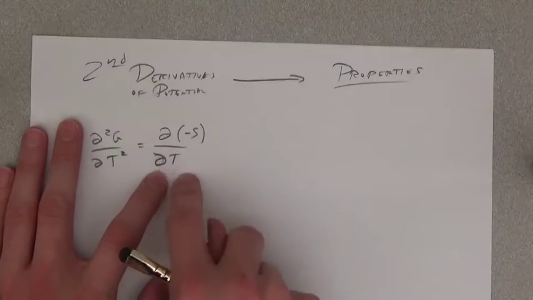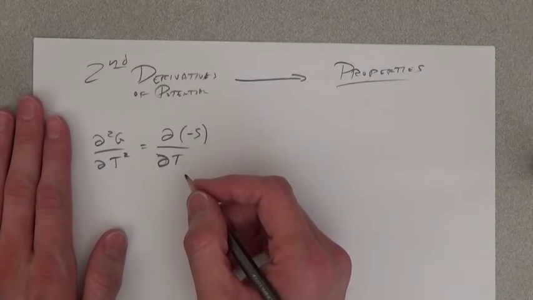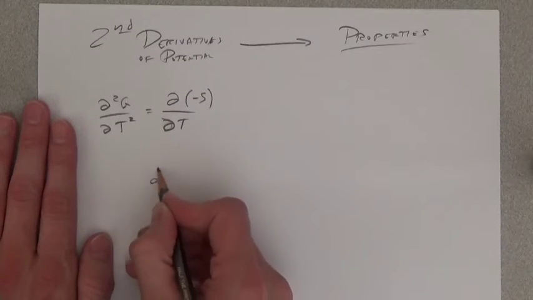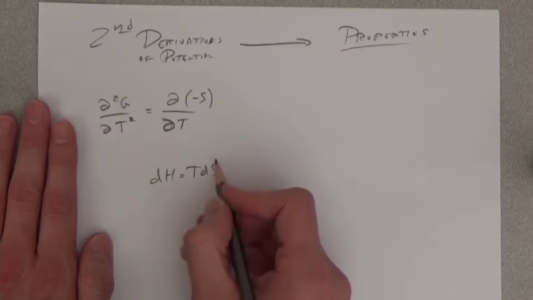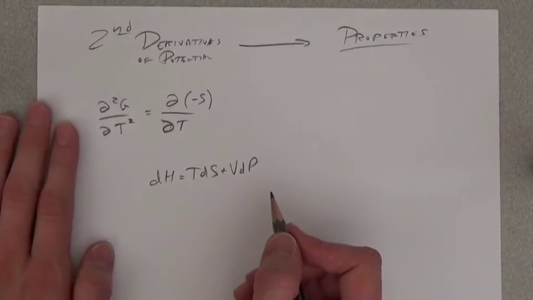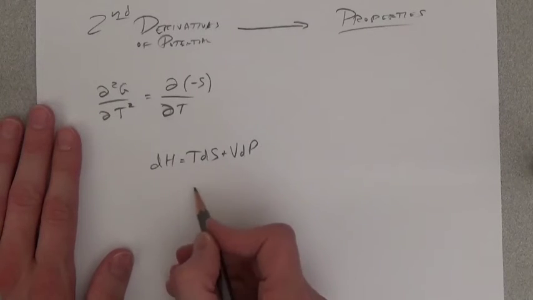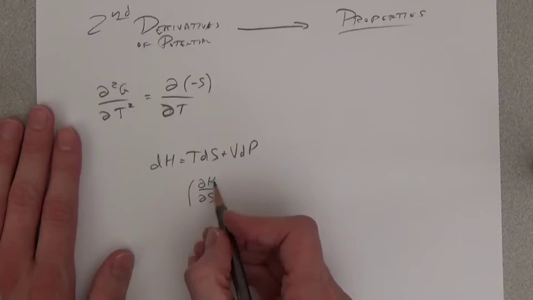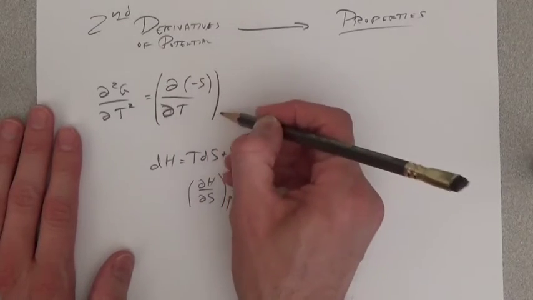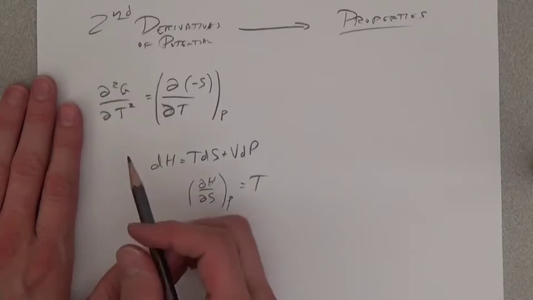So now I'm taking the derivative of negative S, and because dH is equal to T dS plus V dP, there are a few steps in this one. dH/dS at constant pressure is equal to T, and I should point out this is constant pressure because we're doing Gibbs.